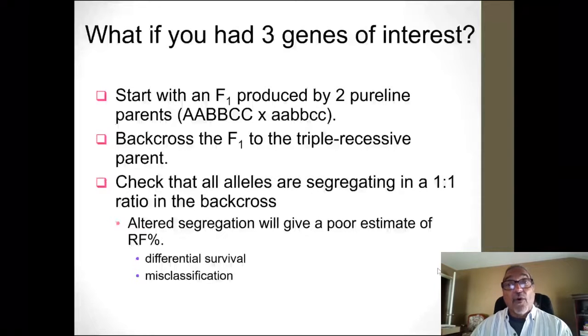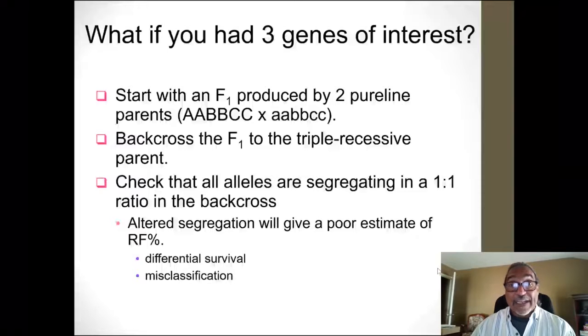We then check that all alleles are segregating in a 1-to-1 ratio. So exactly what we did in the previous slide, we find out how many cap A's versus small a's, cap B's versus small b's, cap C versus small c. In this case, let's assume that it worked out that way.